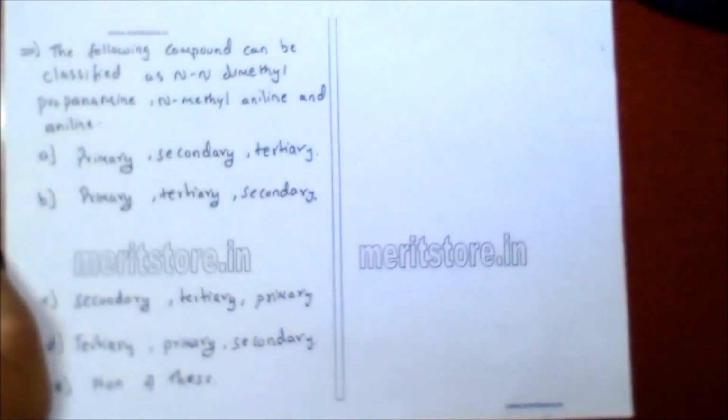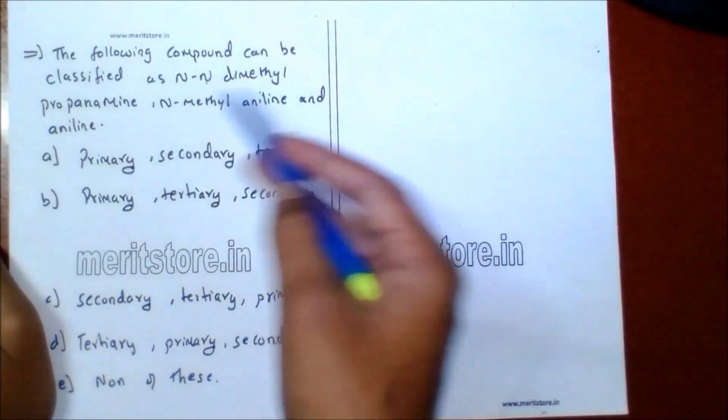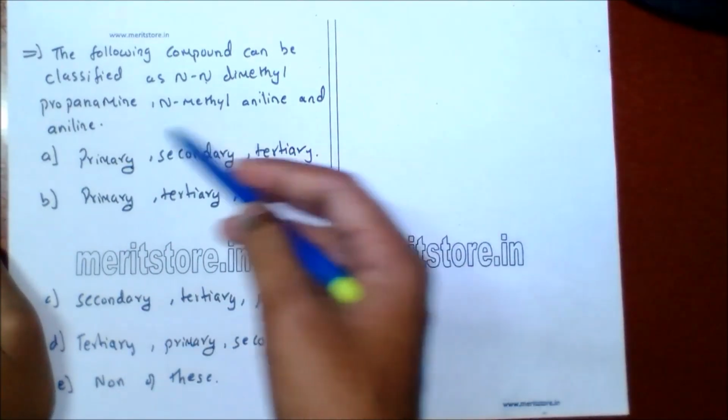The following compounds can be classified as N,N-dimethylpropanamine, N-methylamine, and aniline.